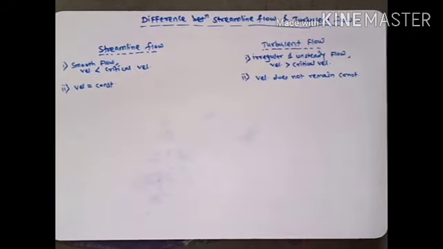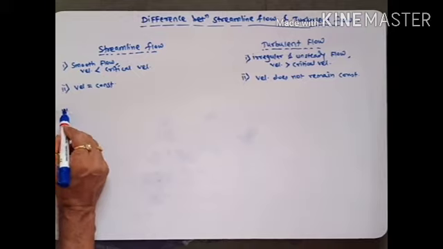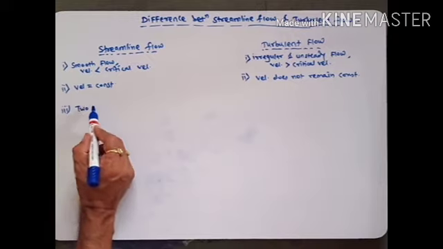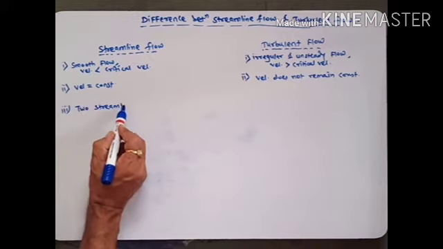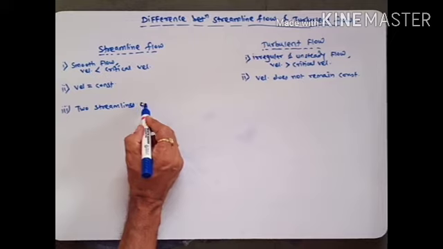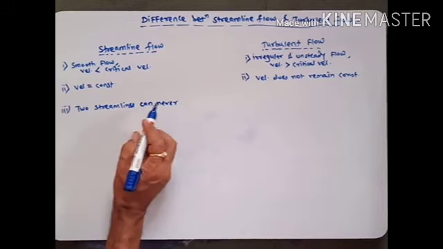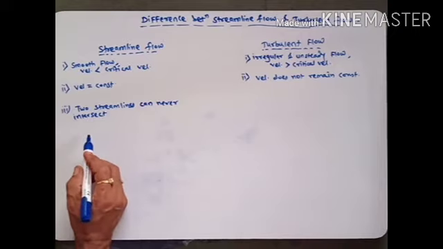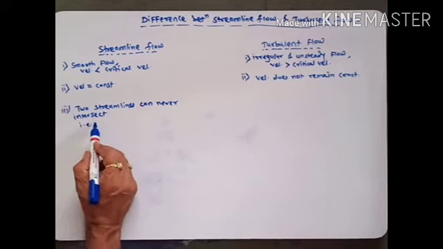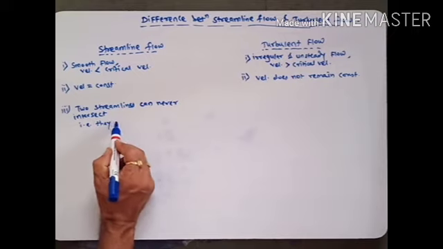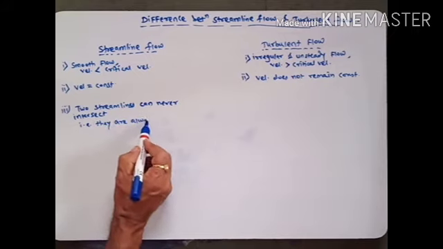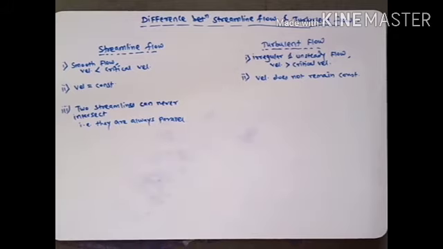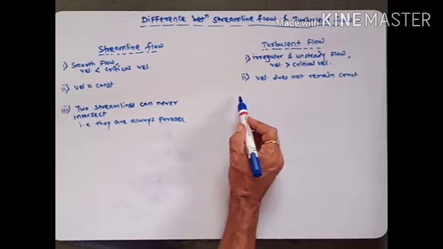Now we will consider the third point. Two streamlines can never intersect, that is, they are always parallel.